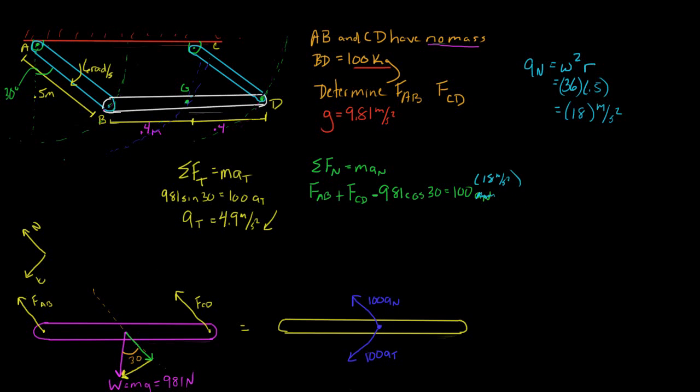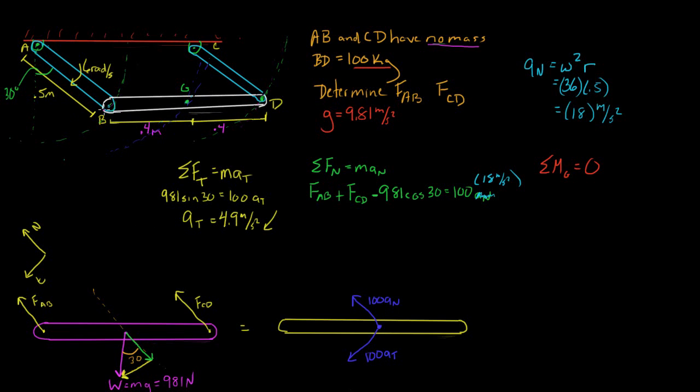And now let's go on to our moment equation. Our moment equation is going to be the sum of the moments about our center point is equal to 0. Why is it equal to 0? Well, the sum of the moments deals with rotation. Now, even though this is moving in a circular path, it's not rotating.